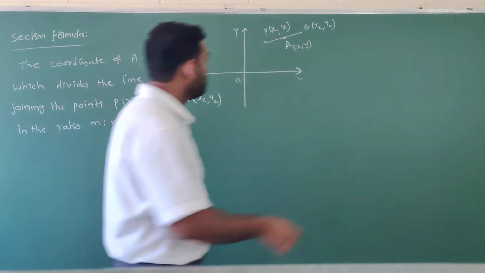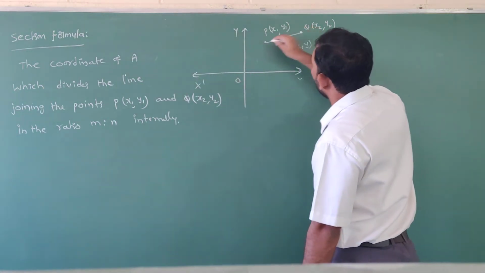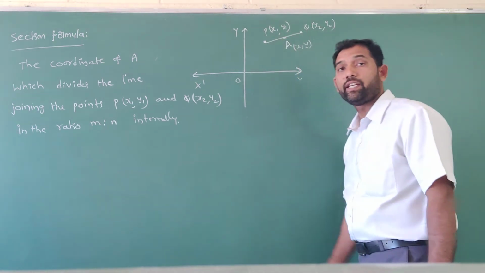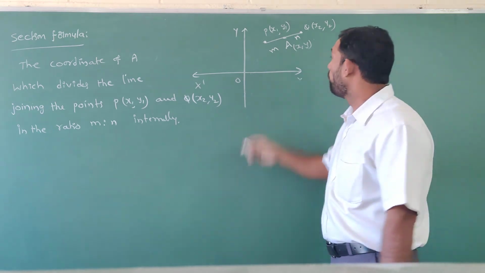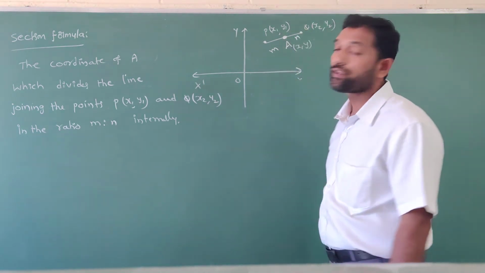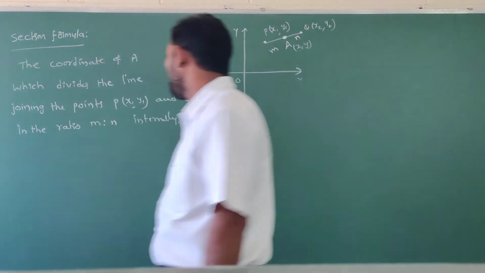So this PQ line is divided by point A in the ratio m is to n.